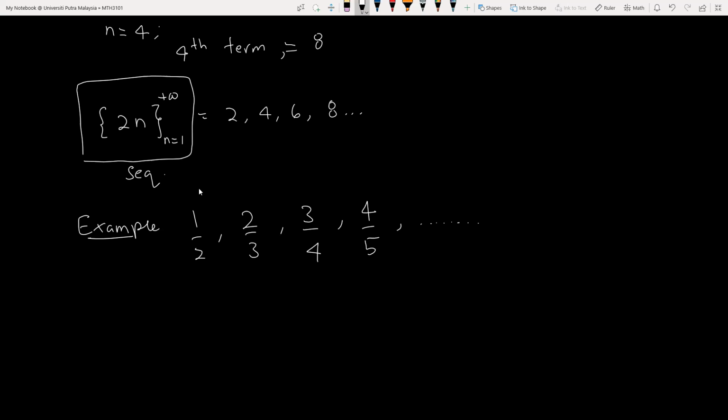You can see the first term is n equals 1, n equals 2, n equals 3, n equals 4. Macam ada kaitan dengan n sebutan ni. So when n equals 1, the numerator is equal to n, but the denominator is n plus 1. So this is just 1, and this is 1 plus 1.